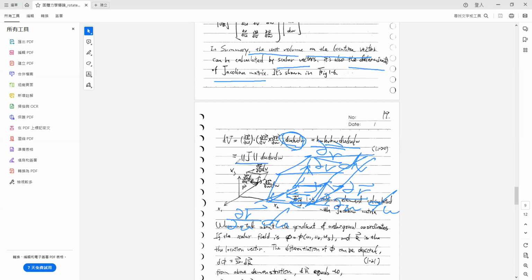It equals the determinant of the Jacobian matrix, that's dU dV dW.